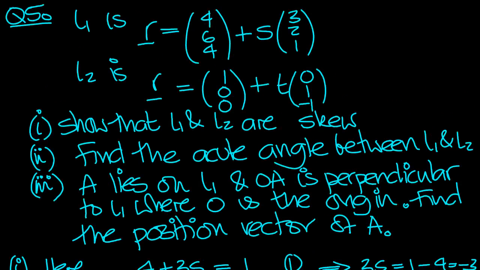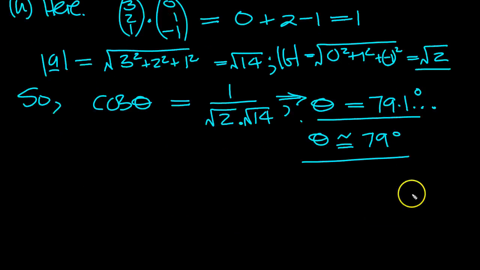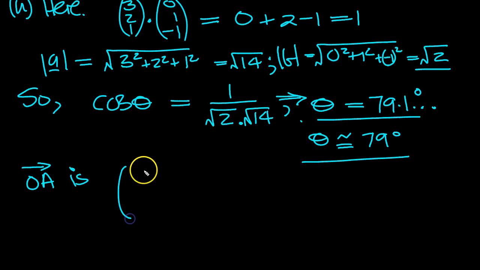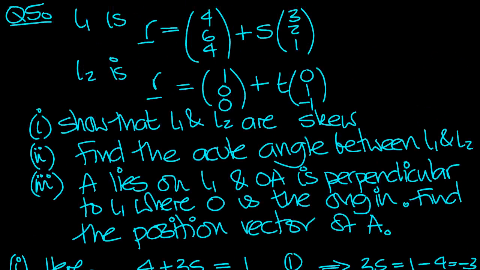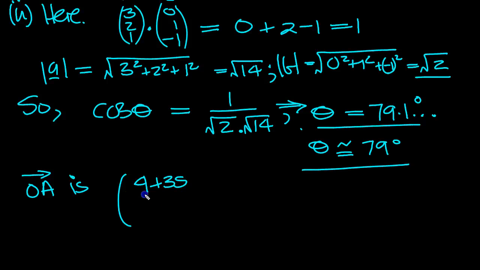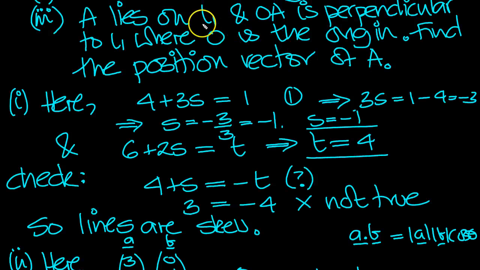So OA as a vector is 4 plus 3s, and the next component, if it lies on L1, will be 6 plus 2s, and then 4 plus s. So there's our vector for OA from the first piece of information.